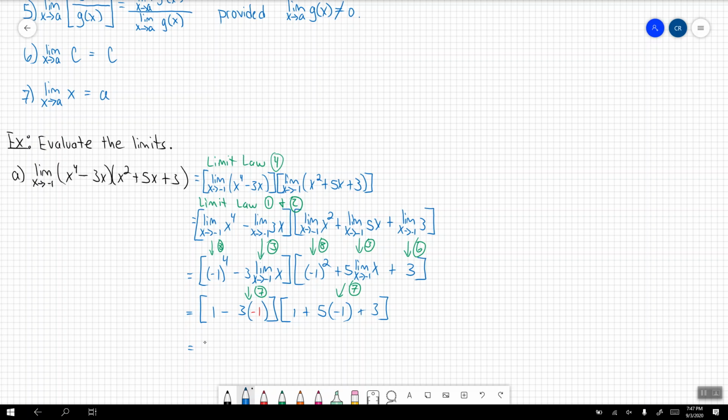Now that that step is fixed, the first parenthesis now gets me 1 minus 3 times negative 1, which will then turn into 1 plus 3, which will be 4. And the second set of parentheses now gets me 1 minus 5. So 1 minus 5 gets us negative 4. Then negative 4 plus 3 gets us negative 1. So our final result is negative 4.